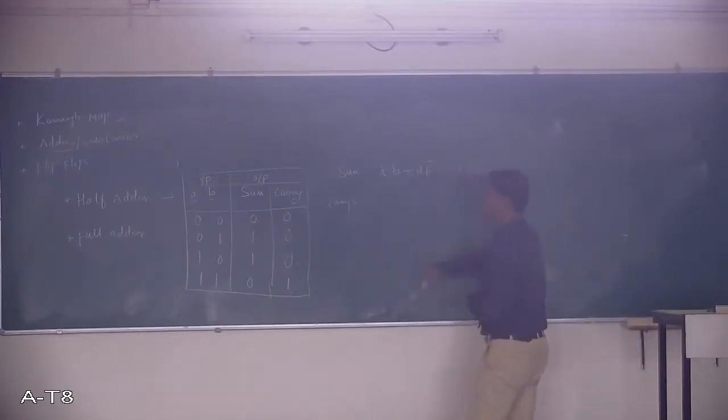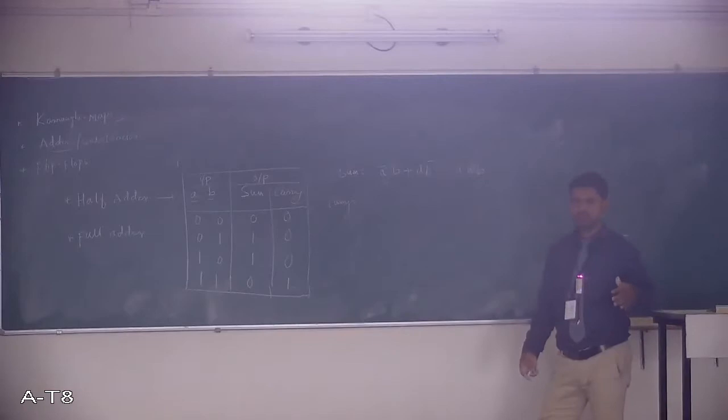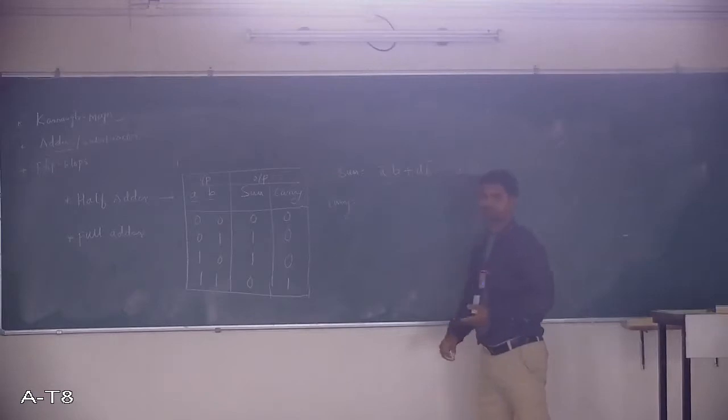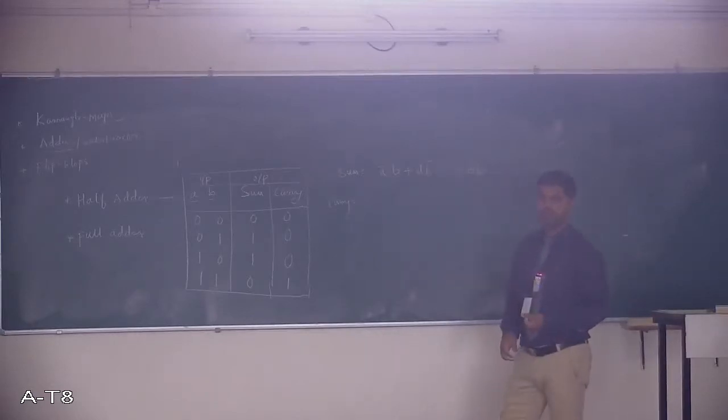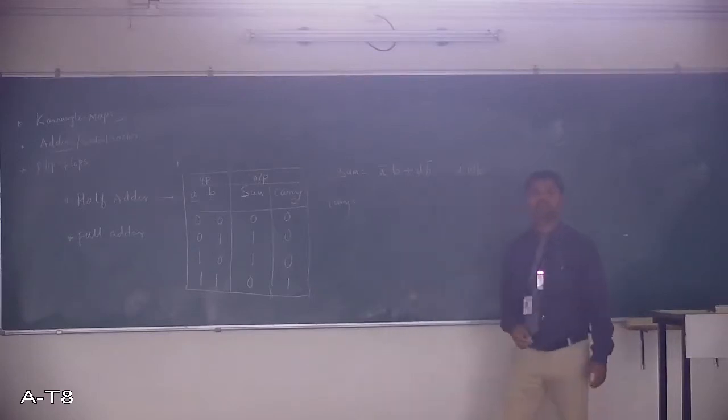A XOR B. It means if you have an XOR gate, I can implement the adder. We'll see apart from XOR what all we need. Sum is over. What about carry? Carry: again check where the output is 1.